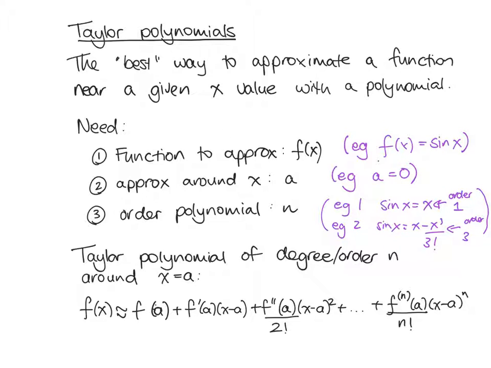And if you look at each term, for example, if we look at the term that has an x squared in it, then we're going to use the second derivative of our function evaluated at a as the coefficient of that term, together with dividing through by 2 factorial. And we're going to find up to the nth derivative for the final term, which is going to give us an x to the n term, and we're going to divide that by n factorial.